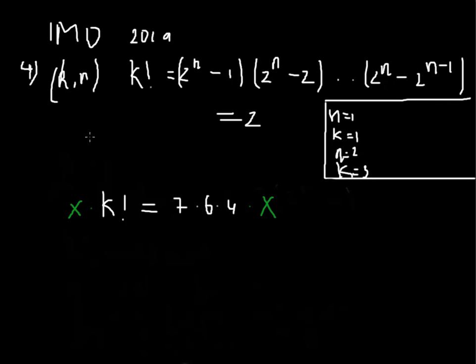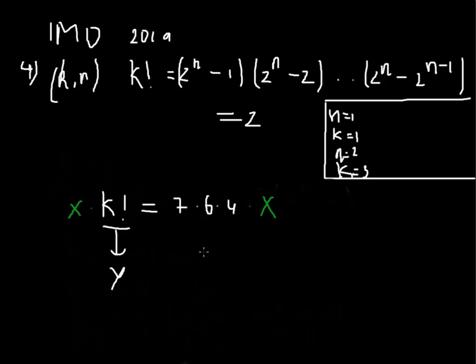So k factorial equals 7 times 6 times 4. Let's say that this one equals y.